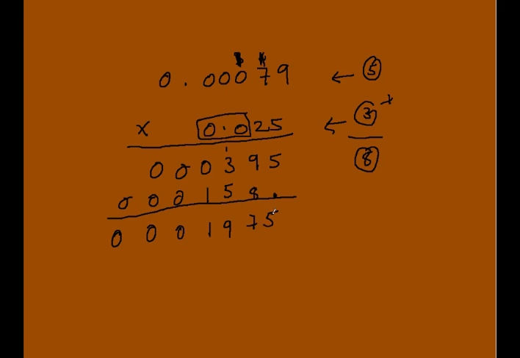Let's start counting. 1, 2, 3, 4, 5, 6, 7. Since there's nothing here, put a 0 for 8. So now your answer is 0.00001975. Let's make sure that we have 8 numbers after the decimal. 1, 2, 3, 4, 5, 6, 7, 8. So that would have been your final answer.